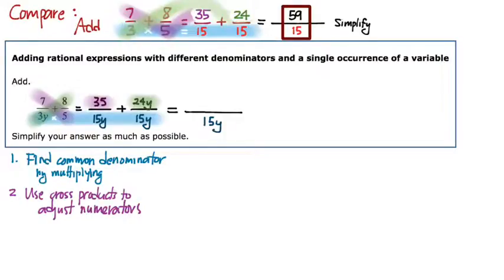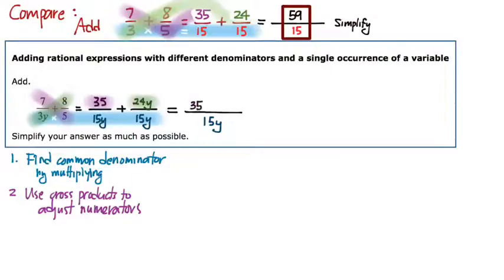In our example at the top of the screen, we just added the 35 and the 24 and got 59. Same story here. We're going to add the 35 and the 24y. And when I add together 35 plus 24y, what do I get? Well, except that I don't. Because 35 and 24y are not like terms.